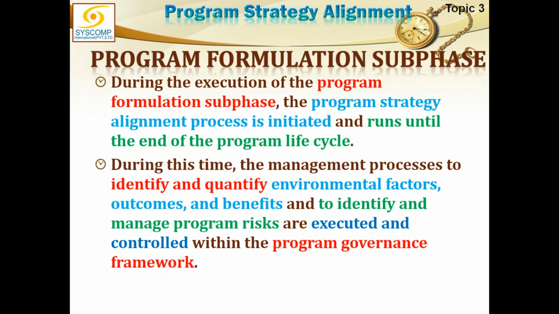So these are kind of policies, procedures, or whatever, but this is the governance mechanism we are talking about. The program governance is all about following these guidelines. These are governance guidelines. So responsibility is with the program governance board or framework.